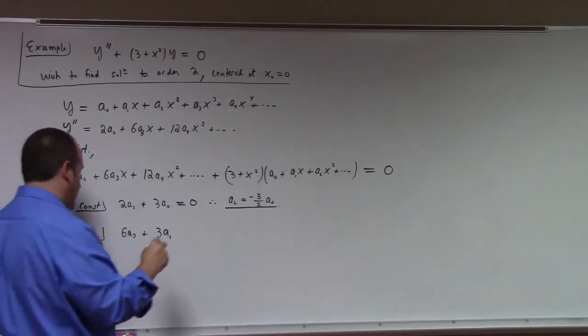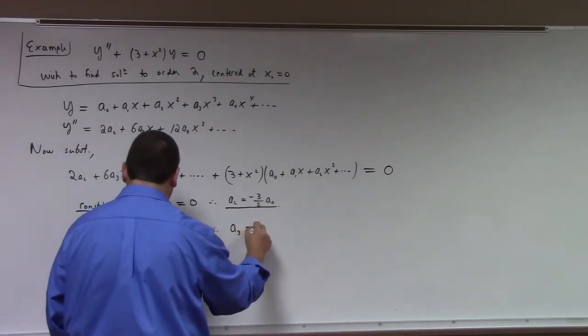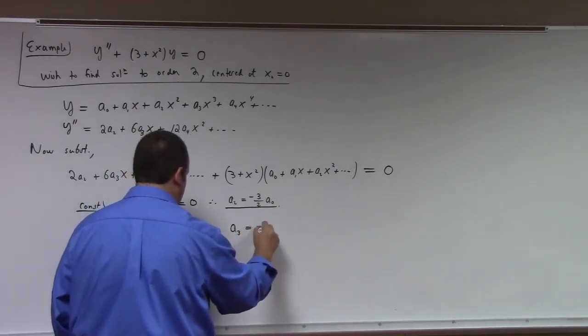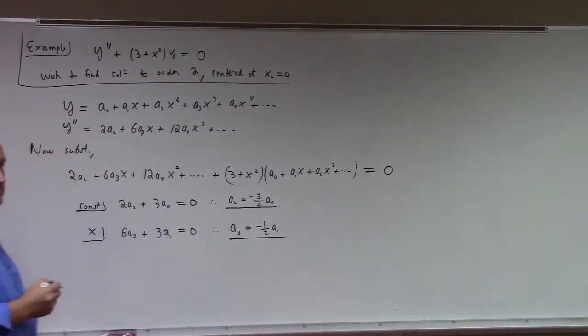So we have 6a3 + 3a1 = 0. Therefore, a3 is apparently minus 1/2 a1. We're always looking to relate the higher coefficients to a couple of the lower coefficients. That's the typical pattern.